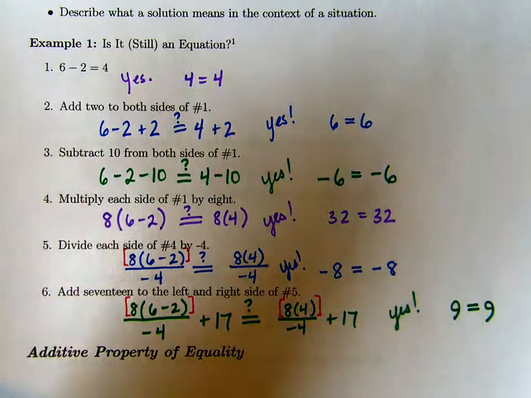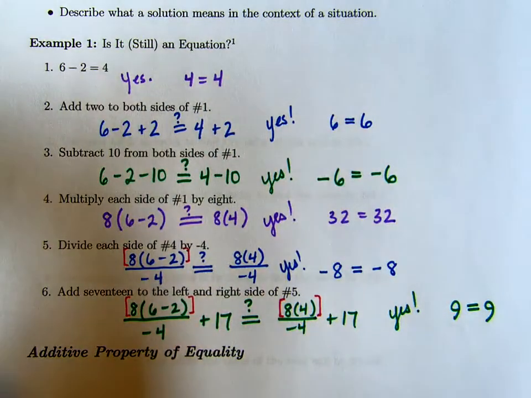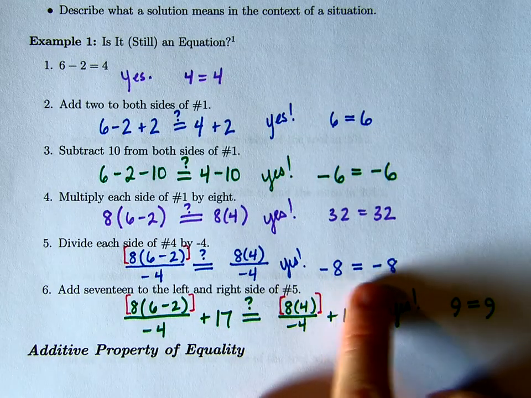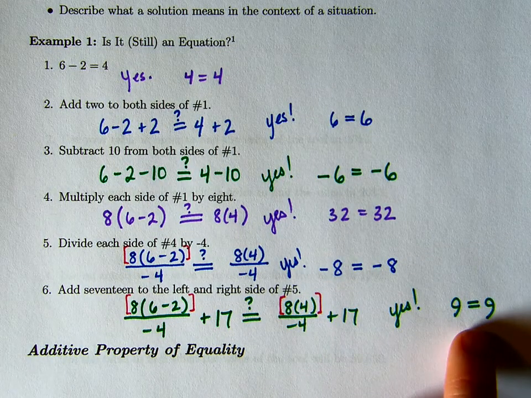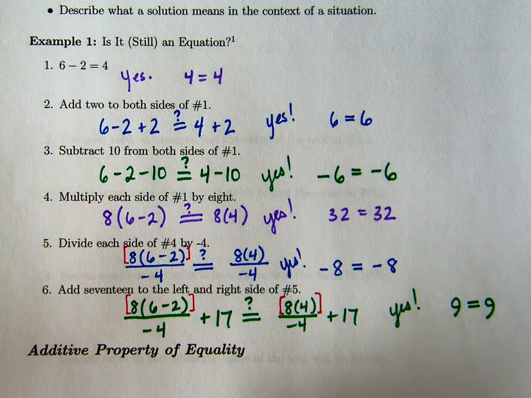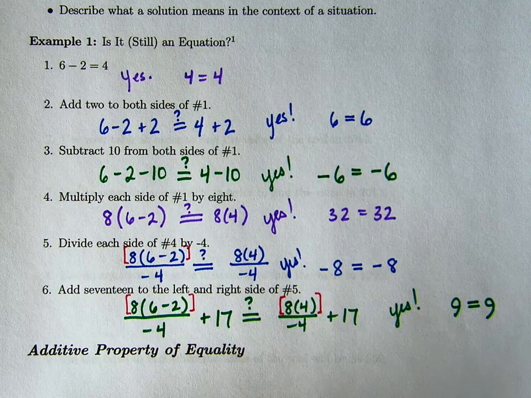It's just that they have a new, different amount of equal value. So instead of having -8 each, now all of a sudden they have 9 each. But they still maintain their equality.